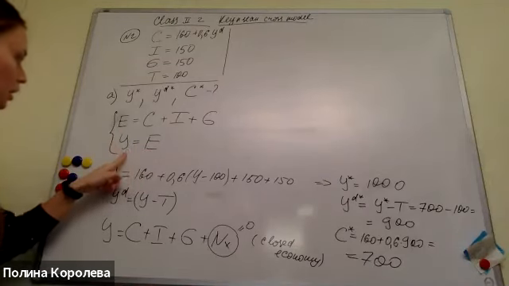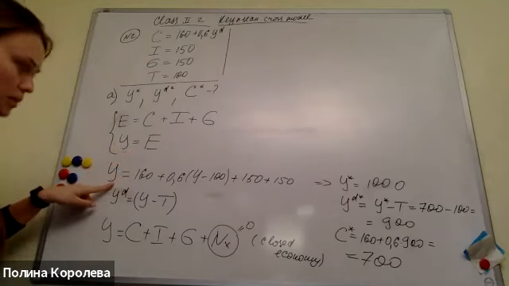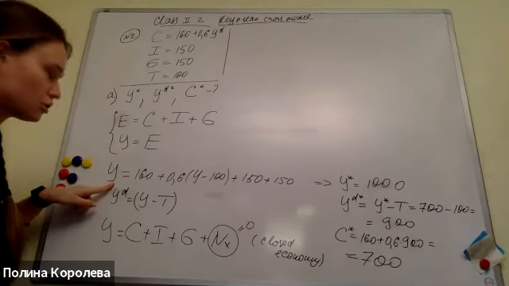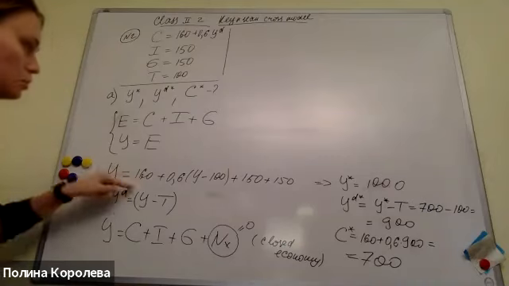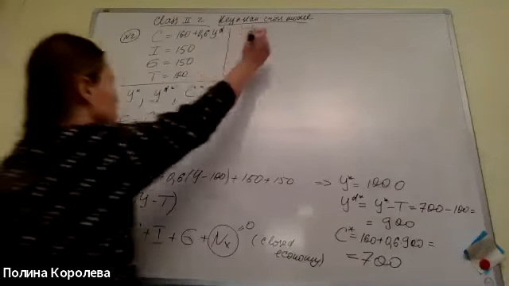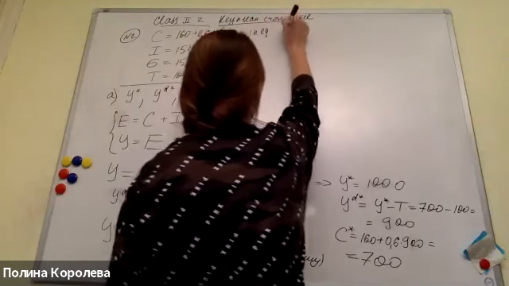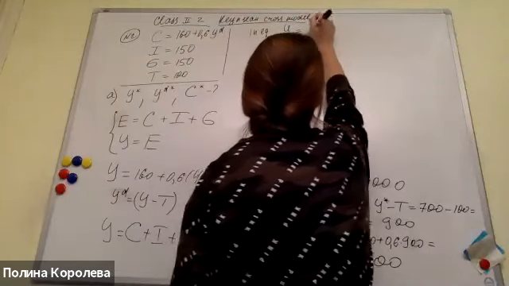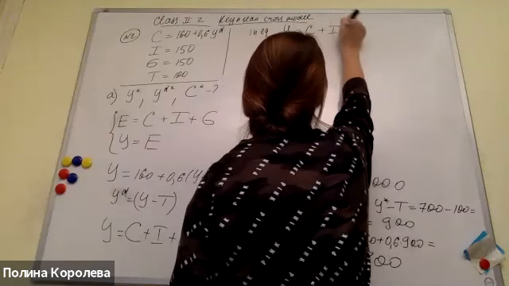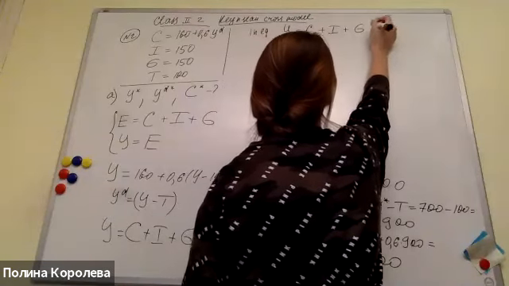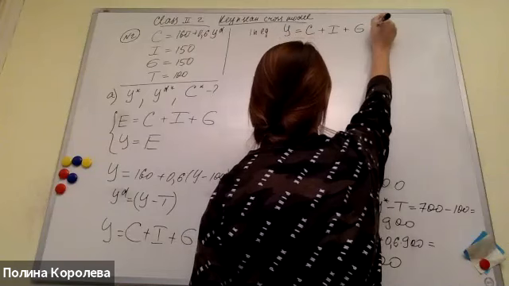So our GDP, actual production, how much is bought and sold, should be equal to planned expenses. Let us write this down. In equilibrium, GDP should be equal to planned consumption plus planned investments plus government spendings.